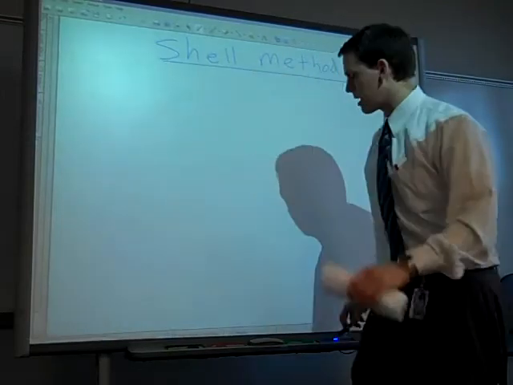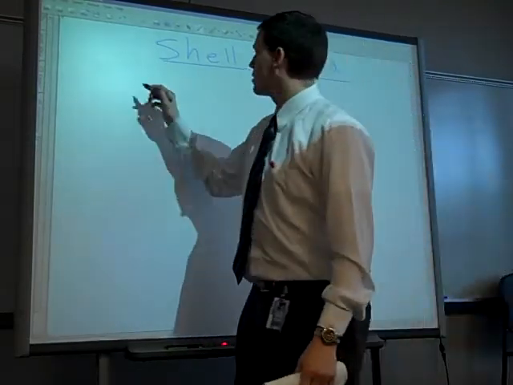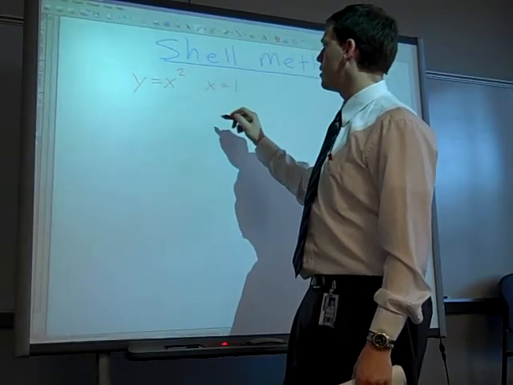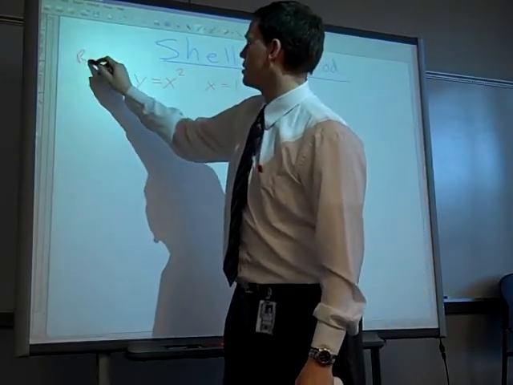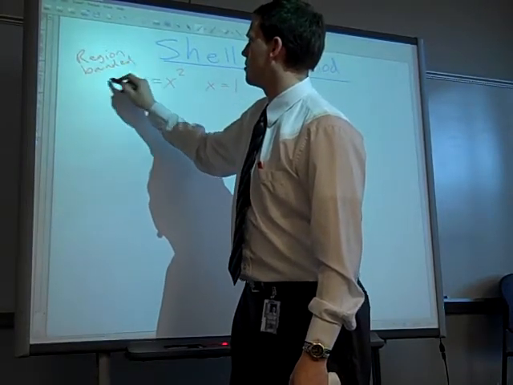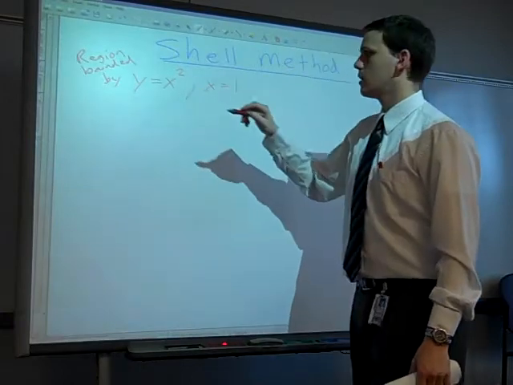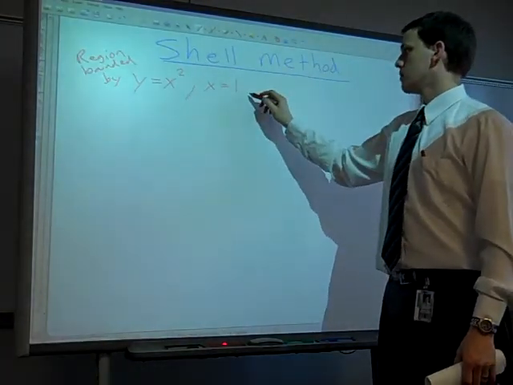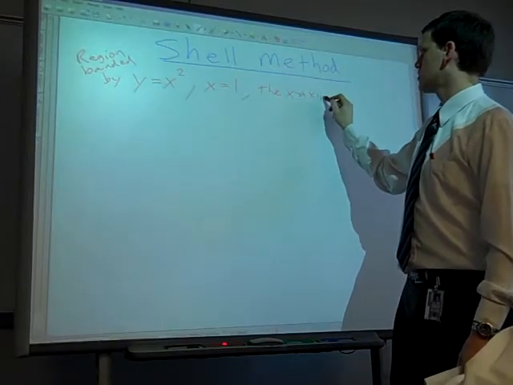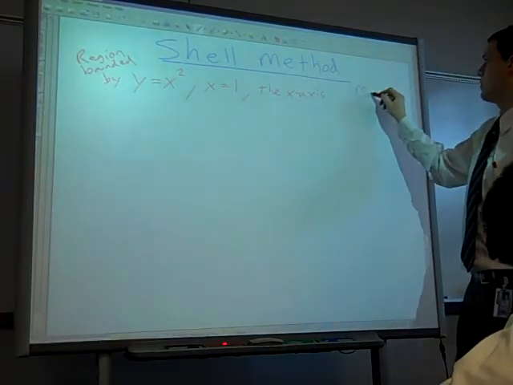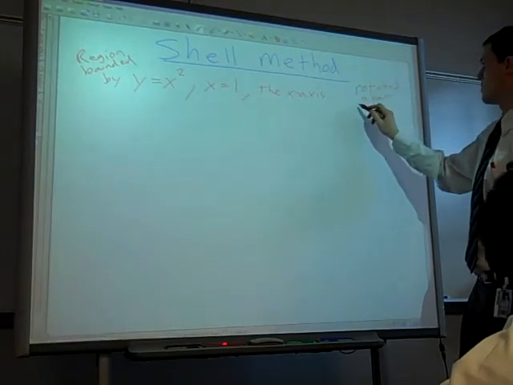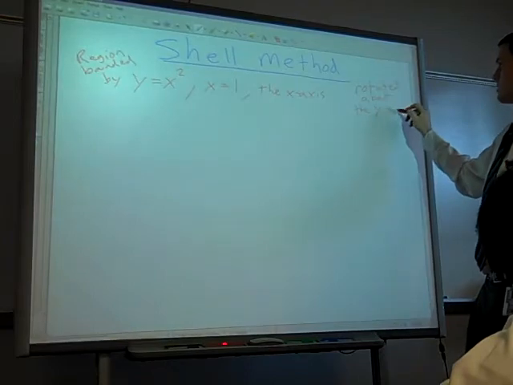And I'll make up a problem that we'll start with. So let's set y equals x squared, x equals 1. So we're going to talk about a region bounded by y equals x squared, x equals 1, the x-axis, and we're going to rotate it about the y-axis.